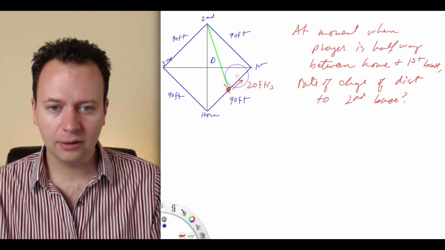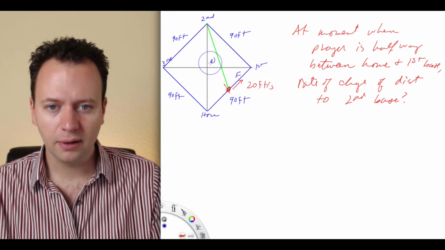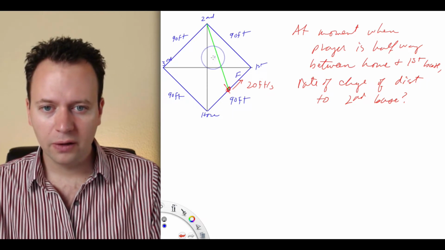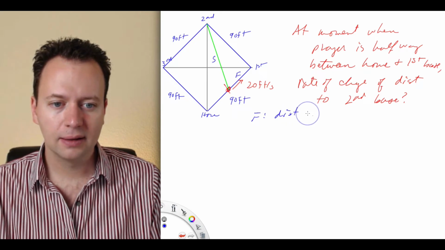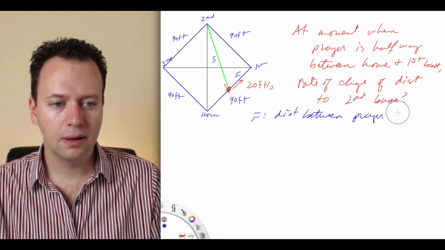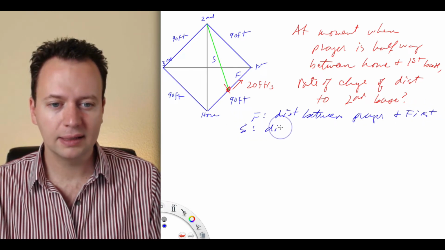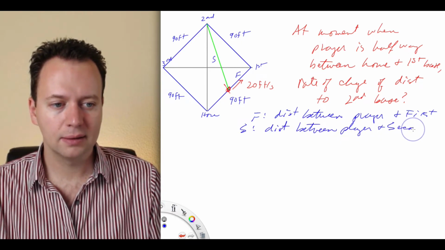And then let's call this one capital S for second, capital F for first. Capital F represents the distance between the player and first base, and capital S is the distance between the player and second base.